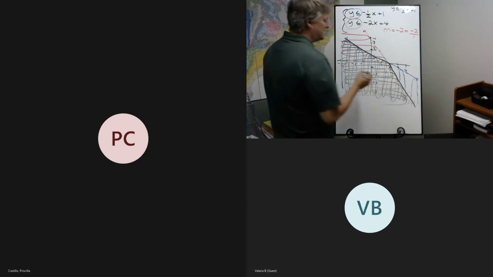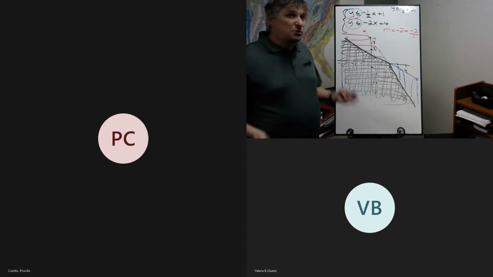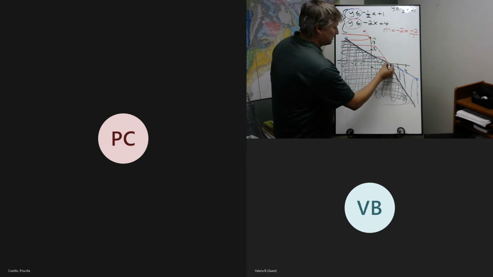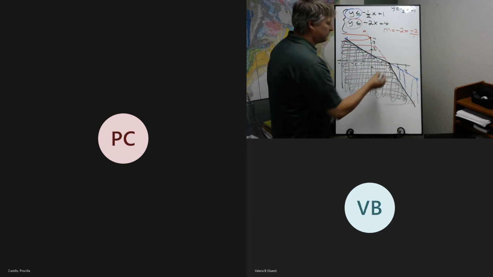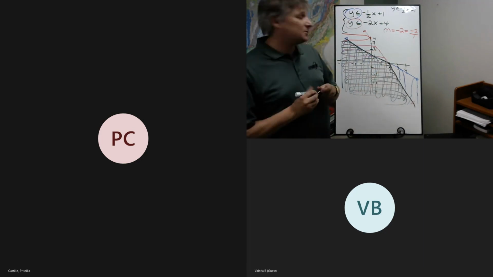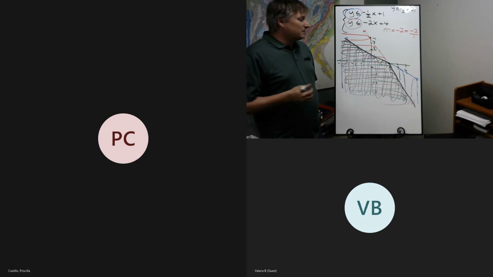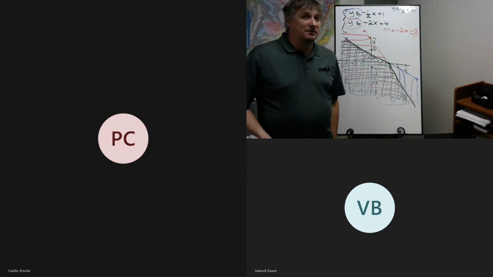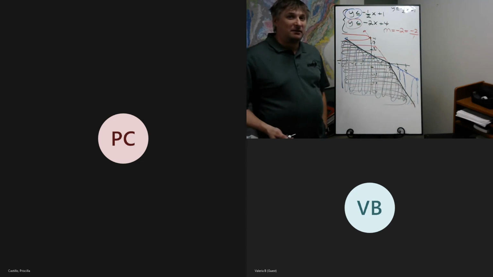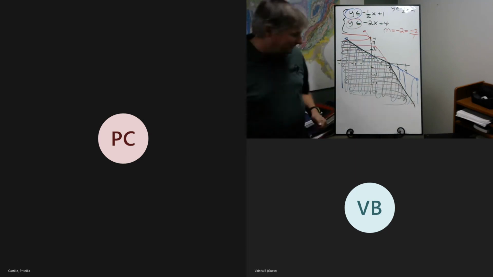Corner here. And in this case, though, since we have two solid lines, that corner point will be included in the solution where the lines intersect. So any questions about that? All right.